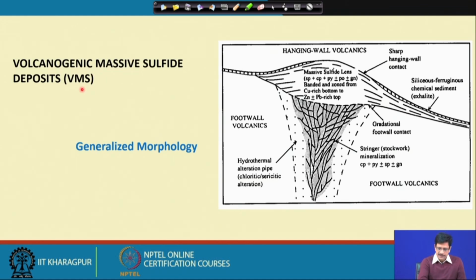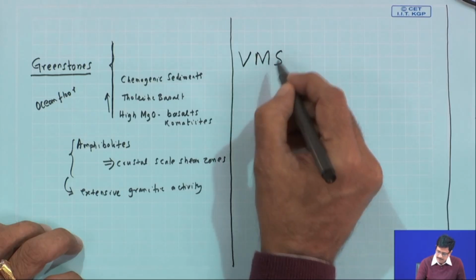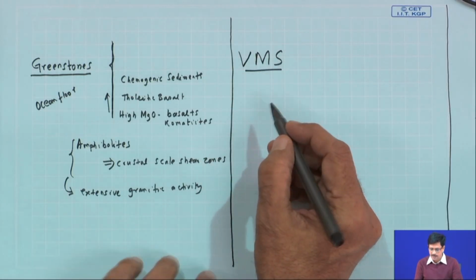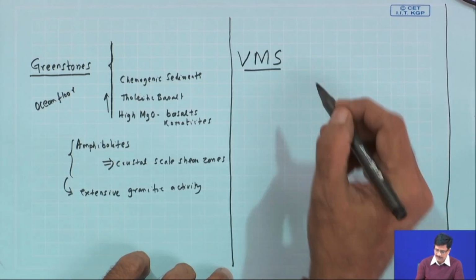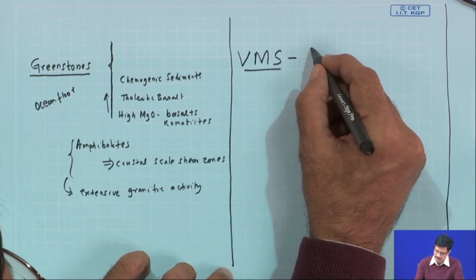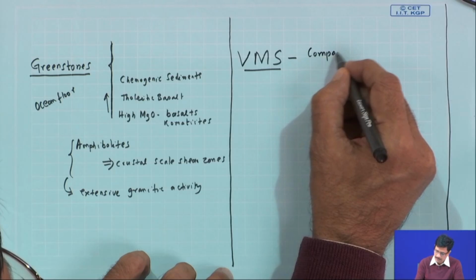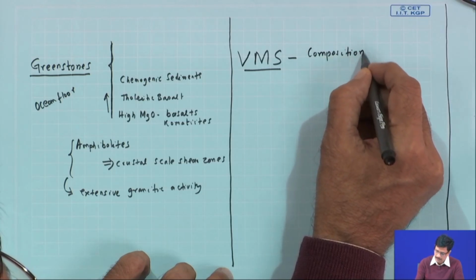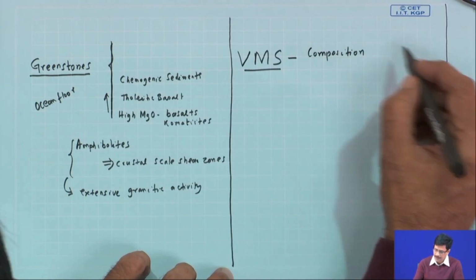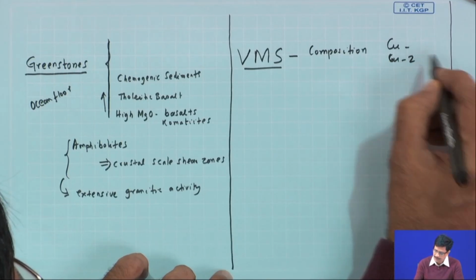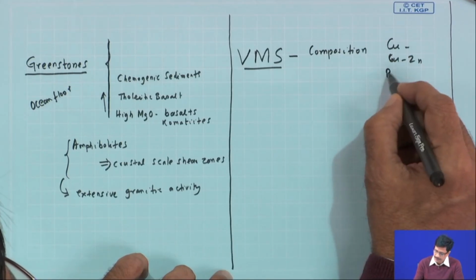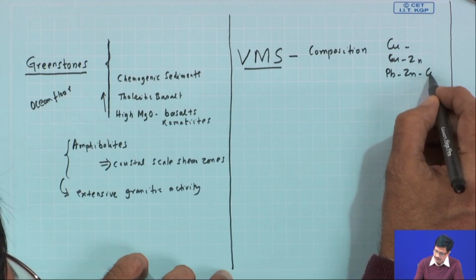The VMS deposits have been variously classified. They are classified based on composition, like copper dominant, copper-zinc, or lead-zinc-copper.